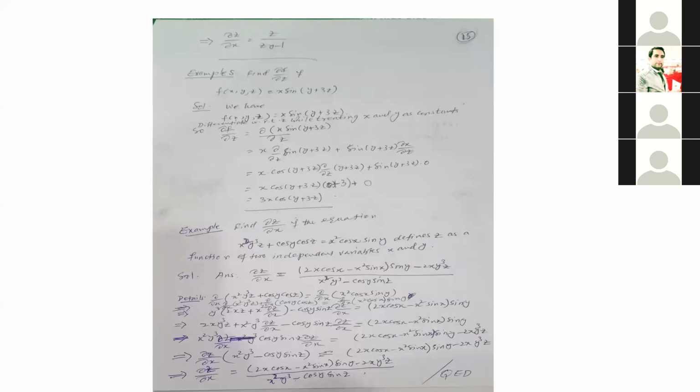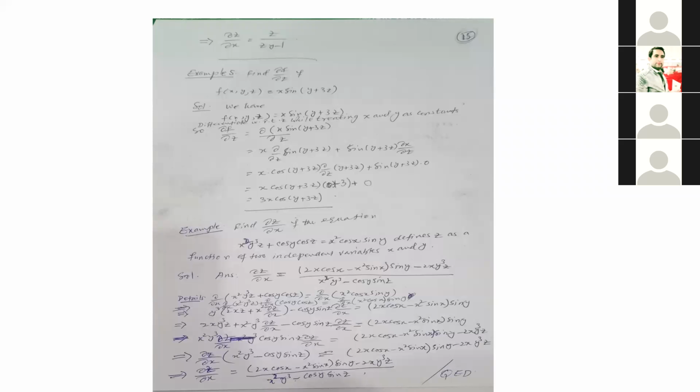So you get x times derivative of sine, that is cos of y plus 3z, and then differentiating the term within the sine, which is y plus 3z. Plus the second term, sine of y plus 3z, into derivative of the first term, which is x, with respect to z, which is 0.